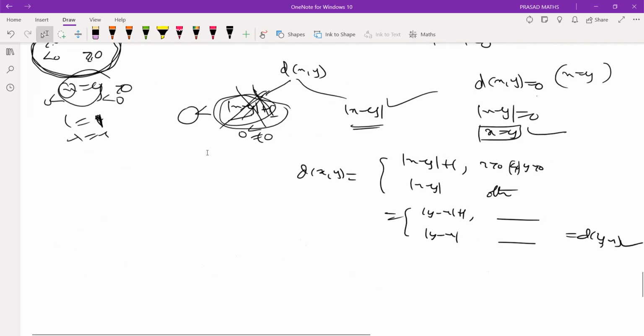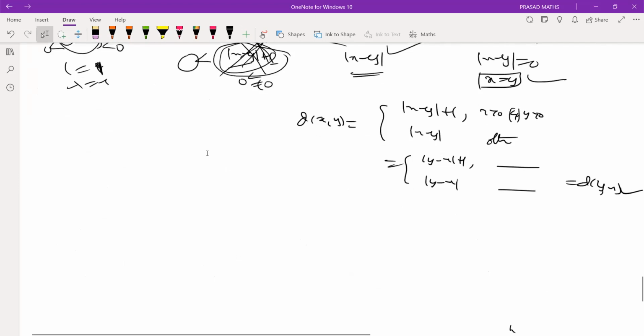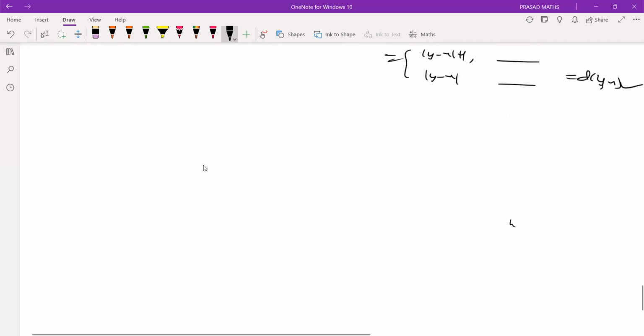So for the triangle inequality, there are so many options. So I want to try only one method, one case. The remaining steps are the same. So I want to show the triangle inequality.